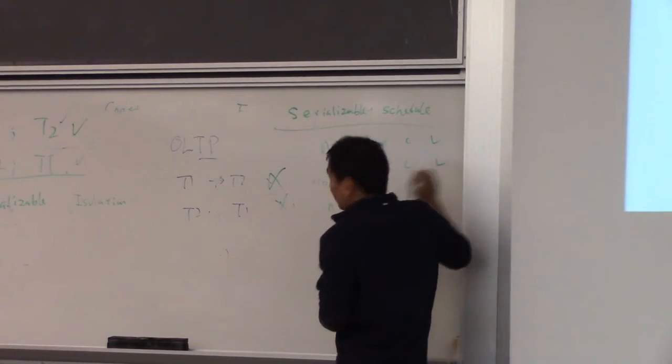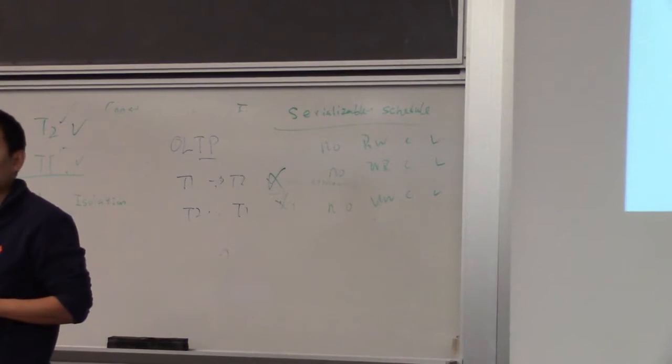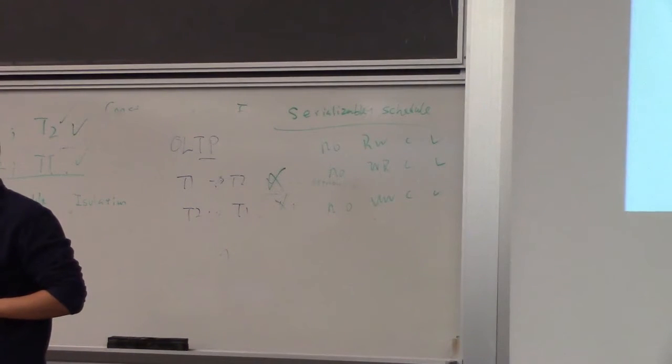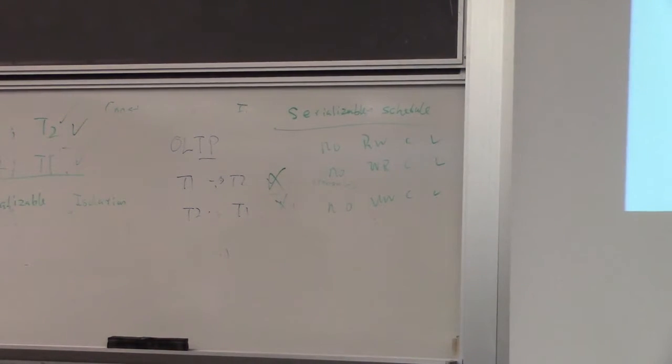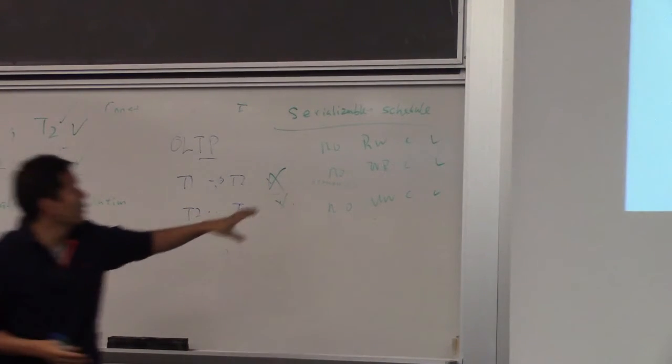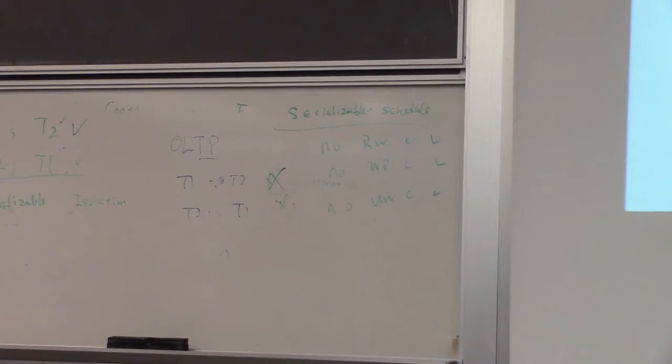As long as these three are checked, good news, you are in serializable isolation level. Or you are going to have a serializable schedule, hence you will be in serializable isolation level. So we reduce the problem to this, okay?